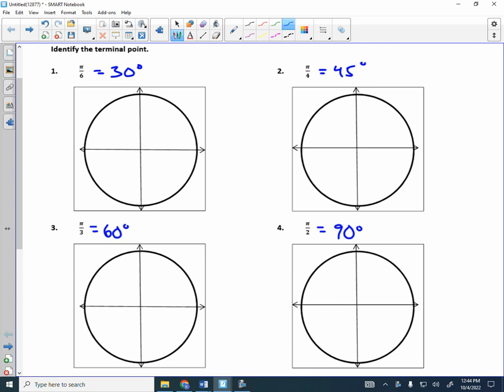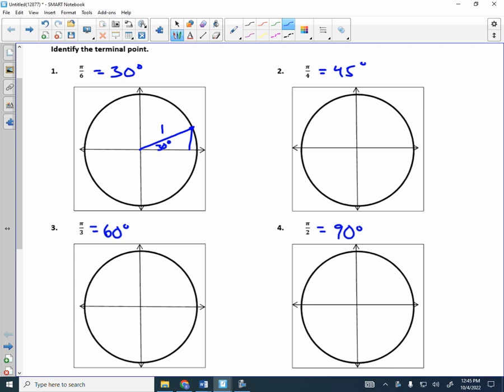Yep, great. So what you need to be able to do, and this is probably the most important part of trigonometry and its application to calculus, is to be able to come up with the terminal point that sits right there. If this is a 30-degree angle, in the unit circle the radius is always 1.